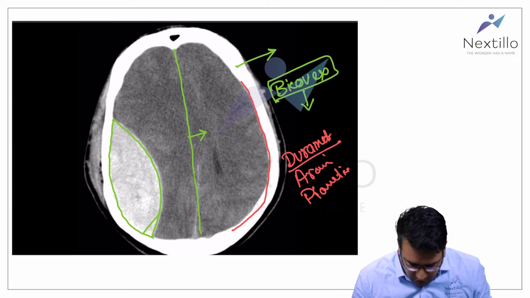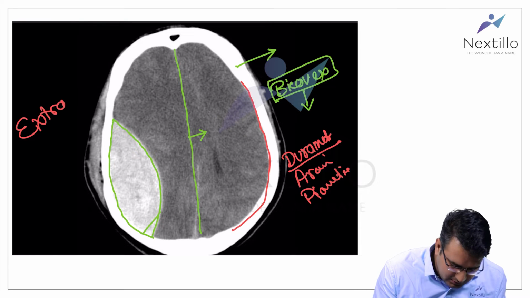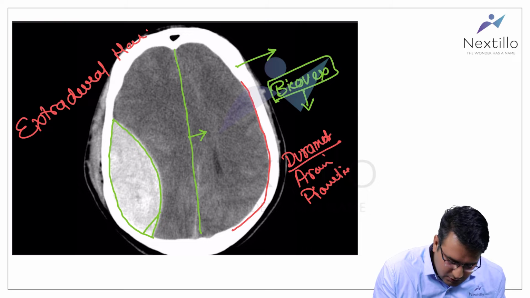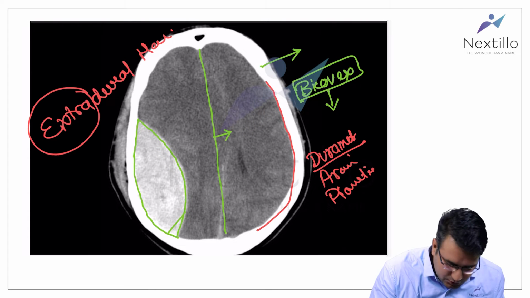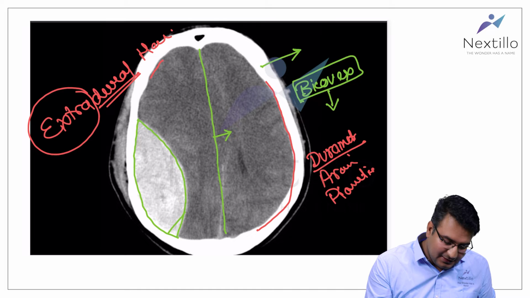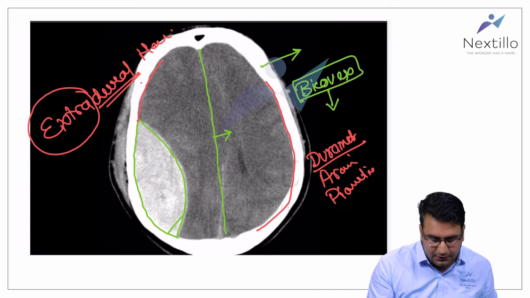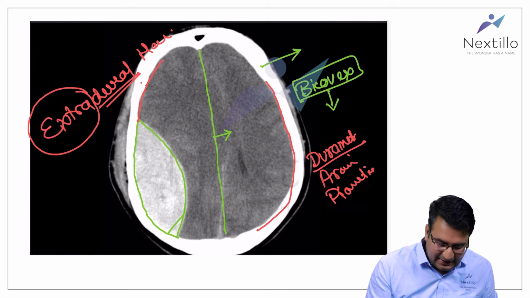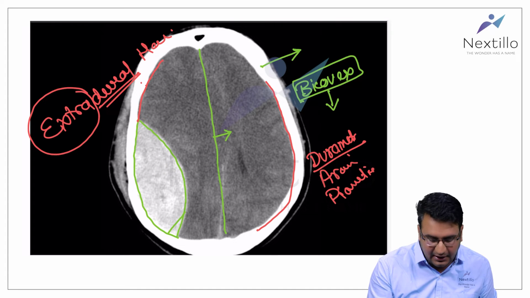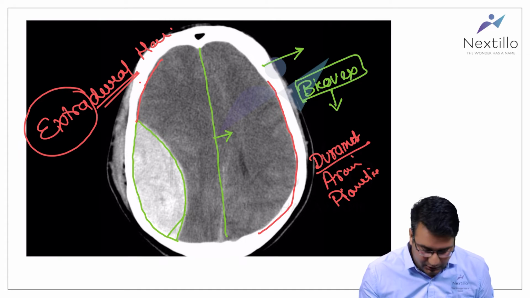As per the name, extradural hemorrhage, extra to what? To the dura. It is outside the dura mater, between the vault and the dura mater. So the collection is between the dura mater and the bone vault. So this is extradural.